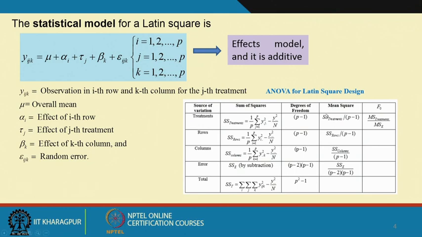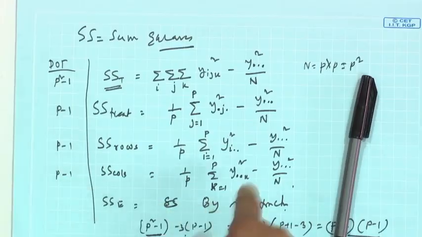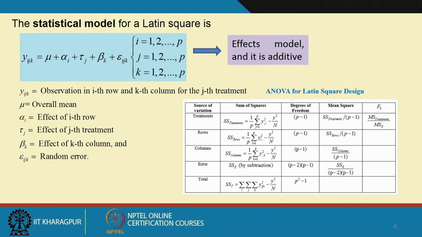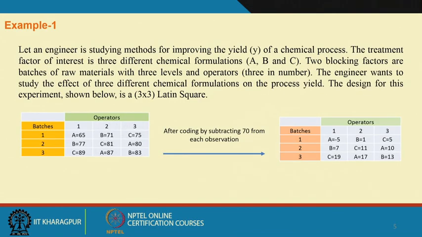Interestingly, you will learn the tricks here, that although there are only 2-dimensional data, p cross p, you are basically going in 3 different directions i, j, k. How this is happening in the data set, that part we will discuss with an example.